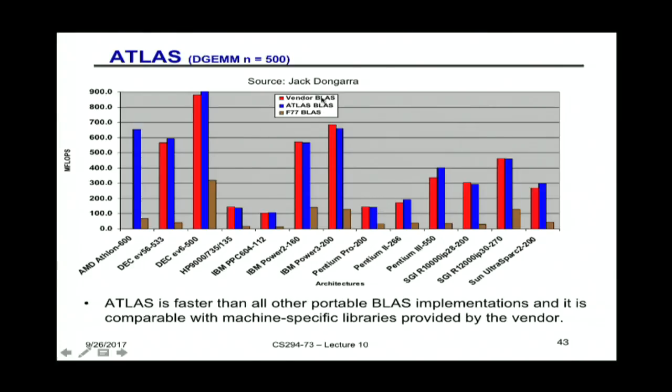One is the vendor BLAS, one is this ATLAS, which is public domain, you can get it, and another one is F77 BLAS, the reference implementation, which is not optimized at all. You can see that ATLAS is doing very well. Very often it beats the vendor BLAS. So with auto-tuning, you can do much better compared to hand-coded.